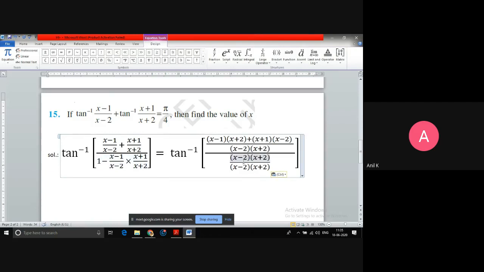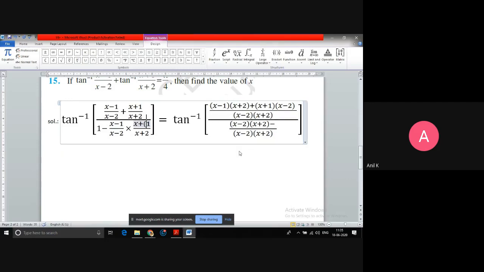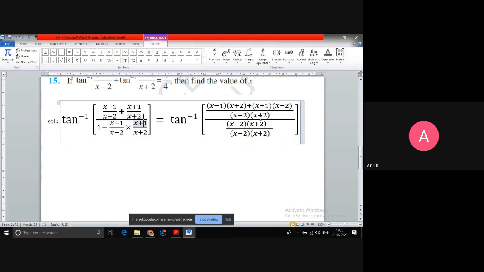Now here a minus sign will come. Why minus? Because between 1 and this term, the sign is minus. And what do you get here? X plus 1 will multiply with x minus 1 into x plus 1.